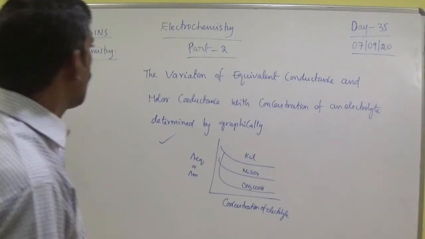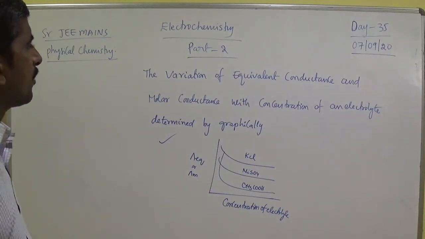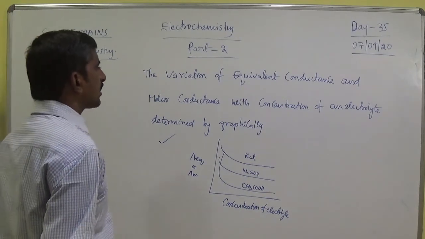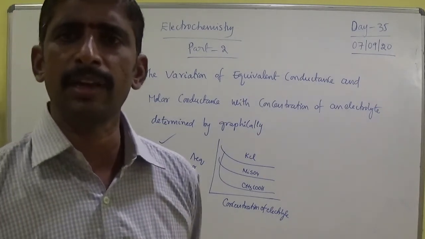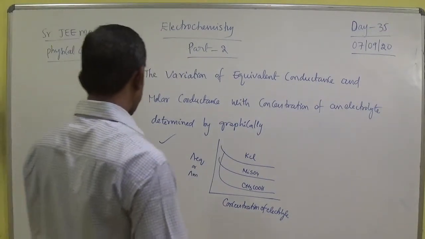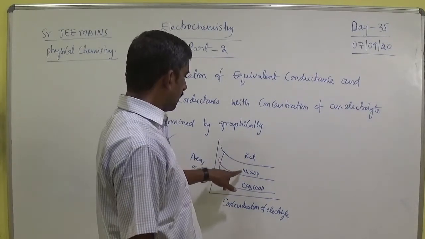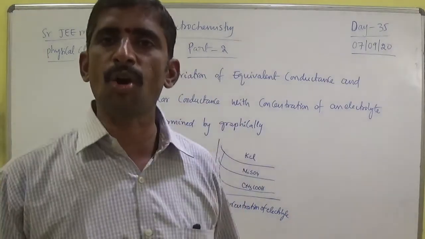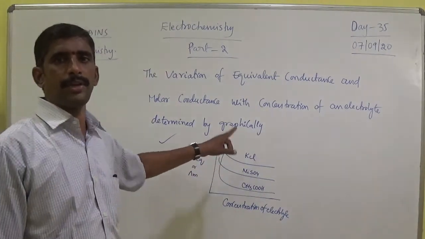So generally, the variation of equivalent conductance and molar conductance with concentration of an electrolyte is expressed graphically. These are KCl, NiSO4, acetic acid. The upper part is a strong electrolyte, the lower part is a weak electrolyte. Note this graph. Graphs are also very important.